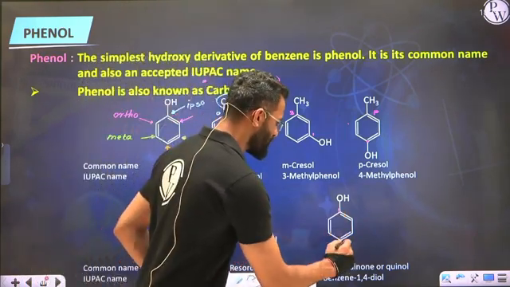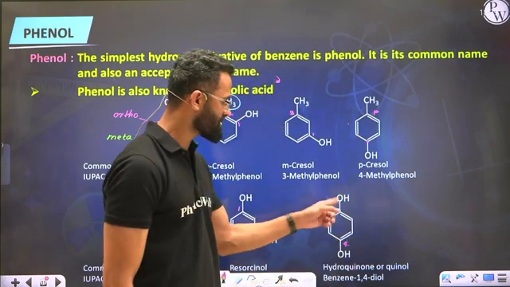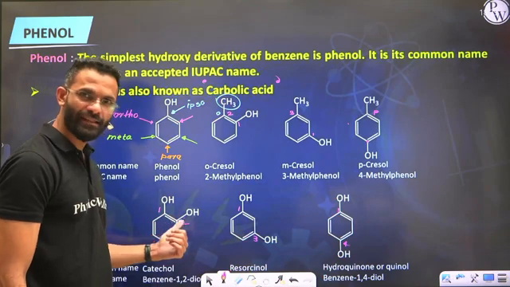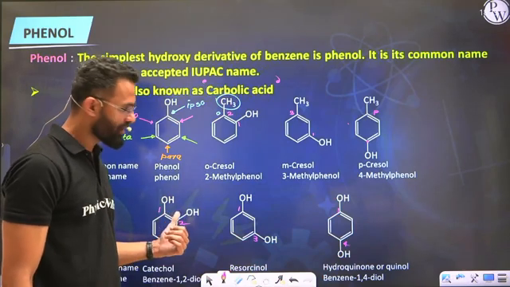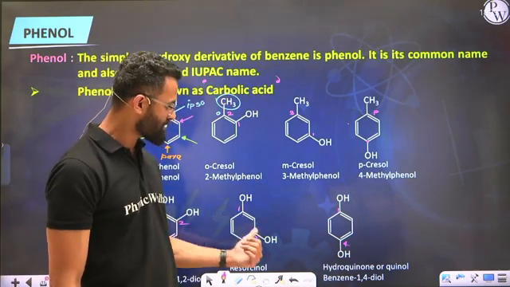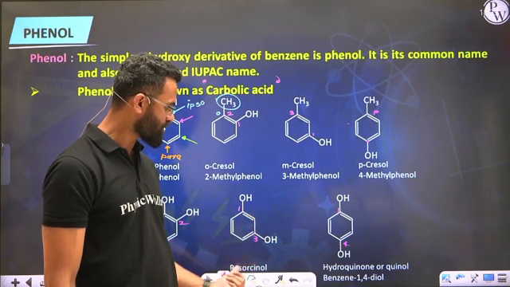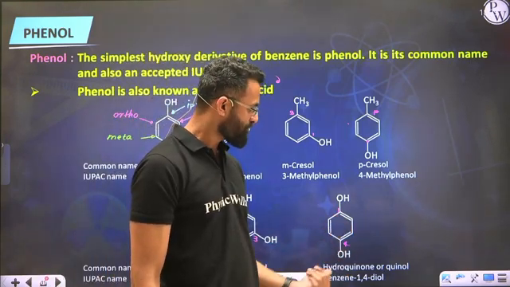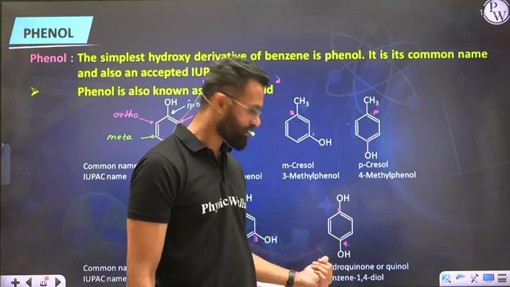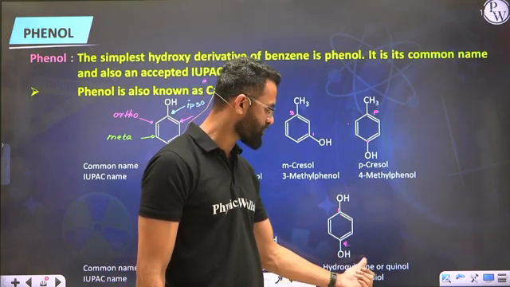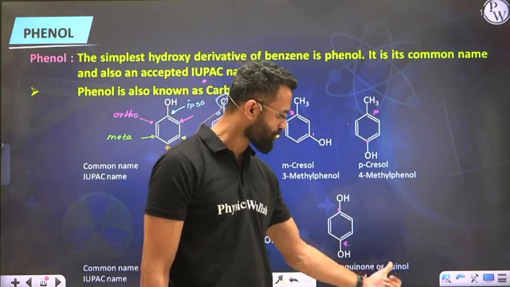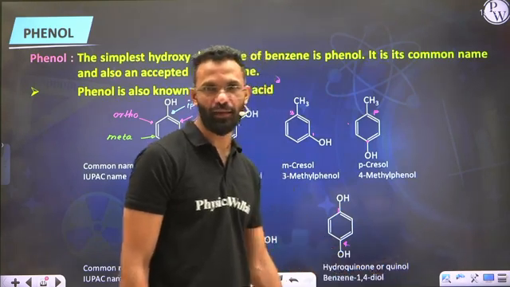When they are 1st and 4th to each other, benzene 1, 4 diol. Now, when two OHs are adjacent, their common name is catechol. When they are alternate to each other, we call them resorcinol. And when two OHs are opposite to each other, we call it quinol or hydroquinone. These are the common names.